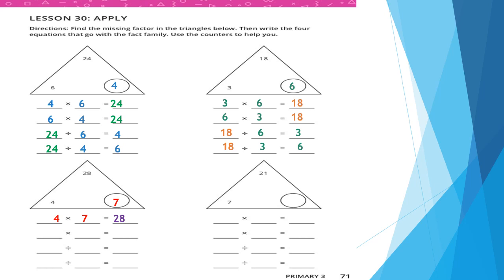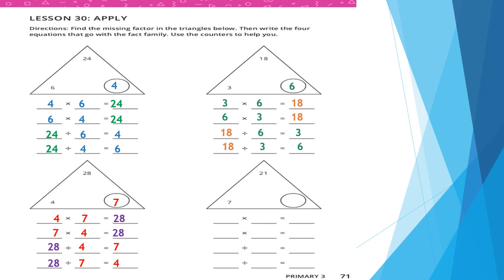And the next one will be the commutative property for it. 7 times 4 equals 28. And the division equations will be, we must put the big number first. 28 divided by 4 equals 7. And also 28 divided by 7 equals 4.